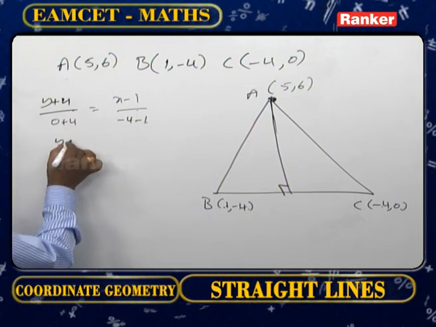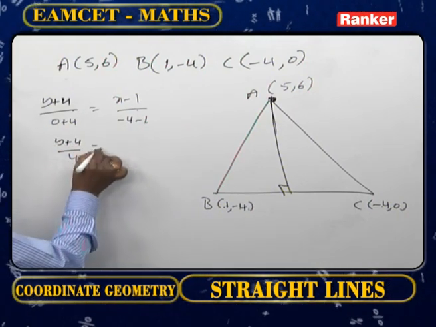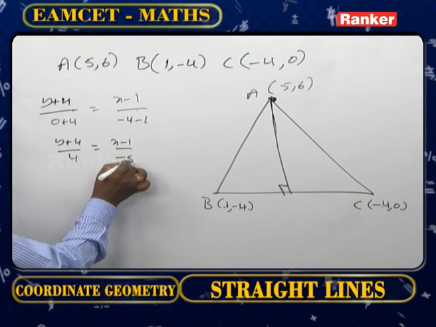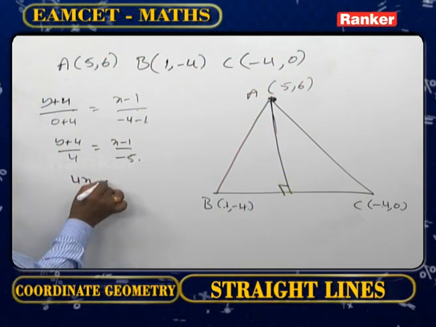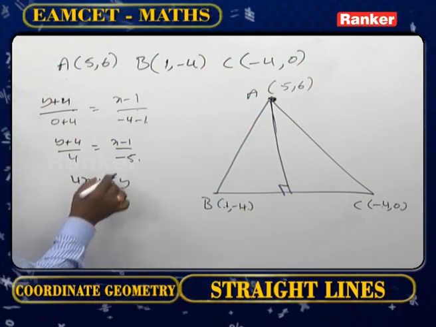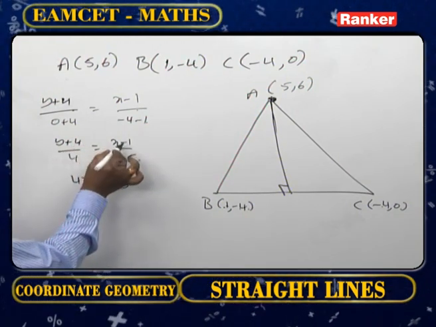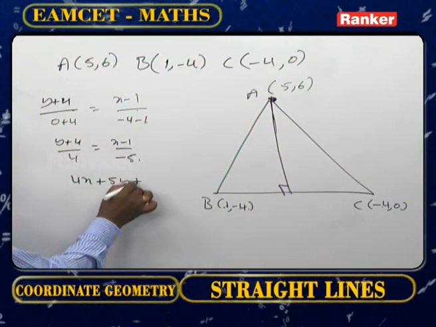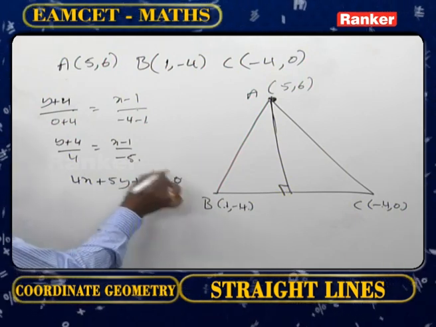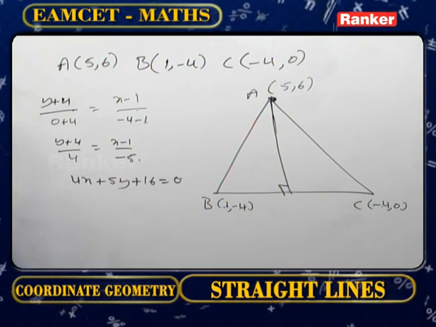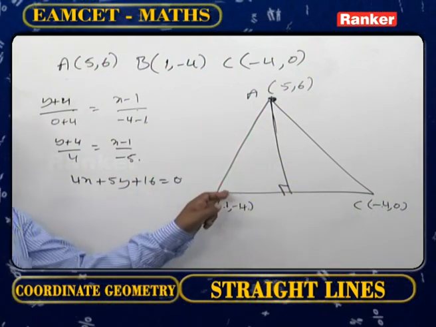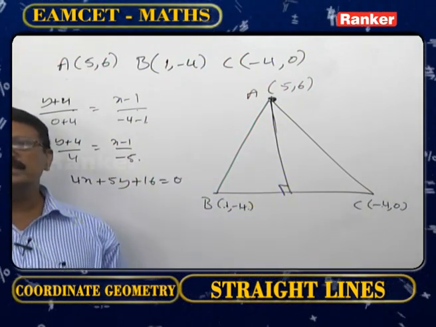Now y plus 4 by 4 equals x minus 1 by minus 5. By cross multiplication we get 4x + 5y + 16 = 0, which is the equation of the side BC.